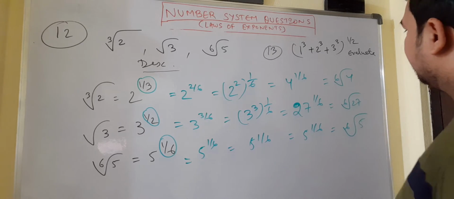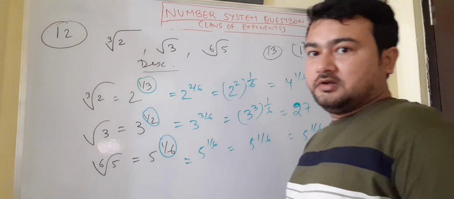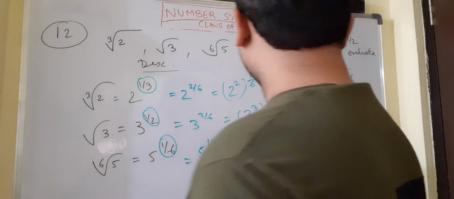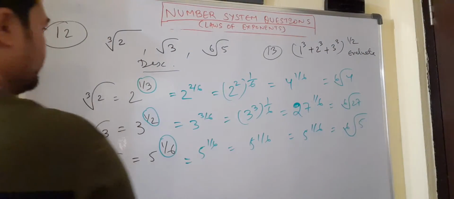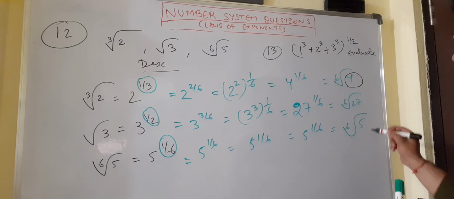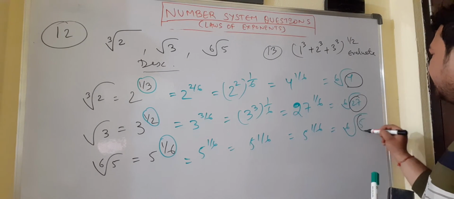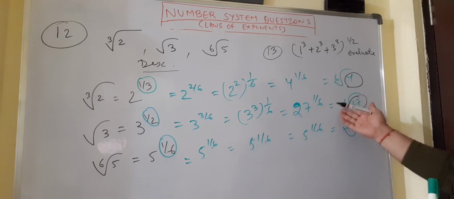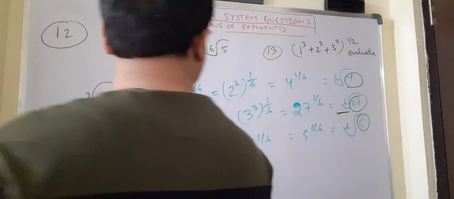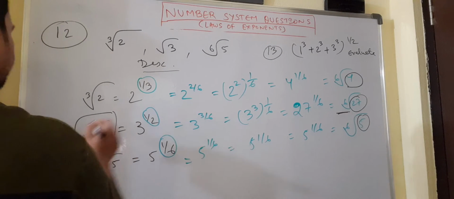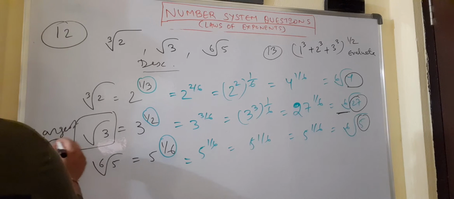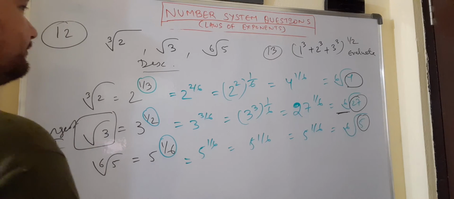Now you have a common root, that is the 6th root, and at this place you have number 4, here you have number 27, here you have number 5. Which one is the largest? This one is the largest. This comes first in the exam.